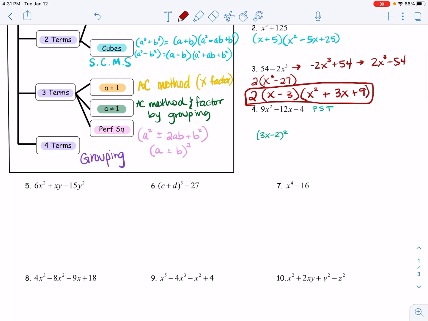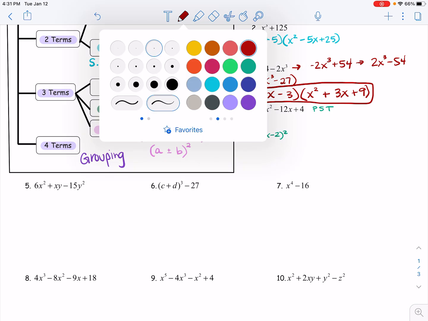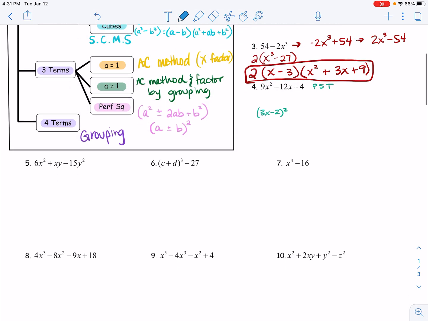So number 5, the first thing I want to do is look for a GCF. 6x squared plus xy minus 15y squared. Well, not all of them have an x. Not all of them have a y. Not all of them are divisible by a number other than 1, so there is no GCF. So then what I want to do is ask myself, how many terms are there? Well, there's 3 terms.